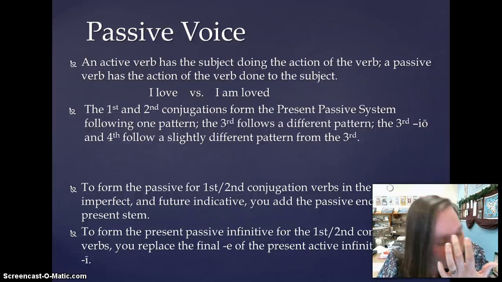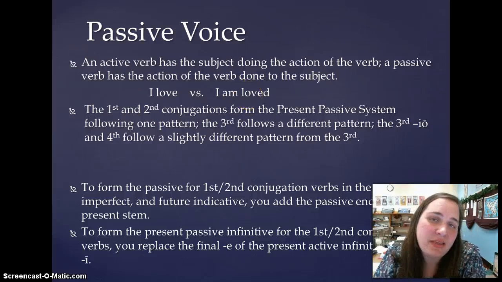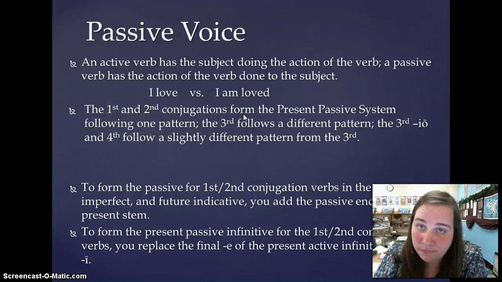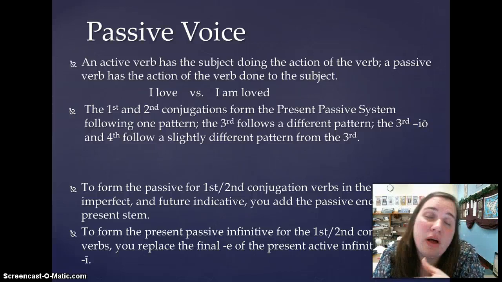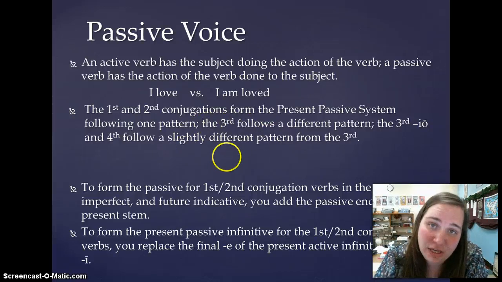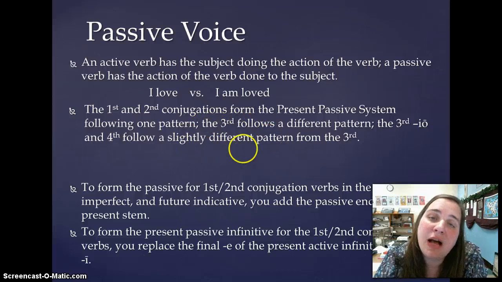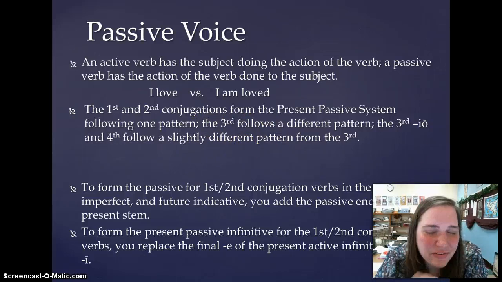It's the one receiving the action of the verb. So I am loved. Just like with active verbs, the first and second conjugations form the present and the future passive in a different way than the third conjugation. And the third conjugation forms in a slightly different way from the third IO and the fourth.